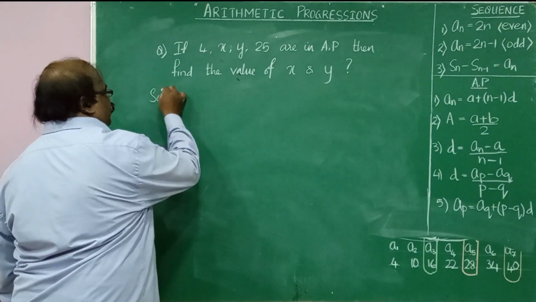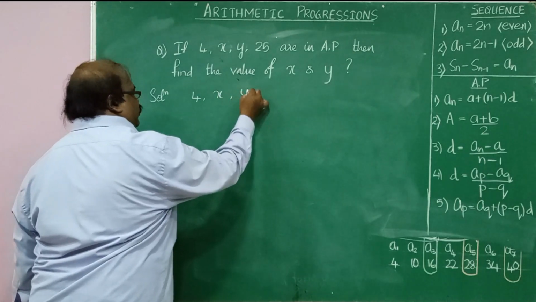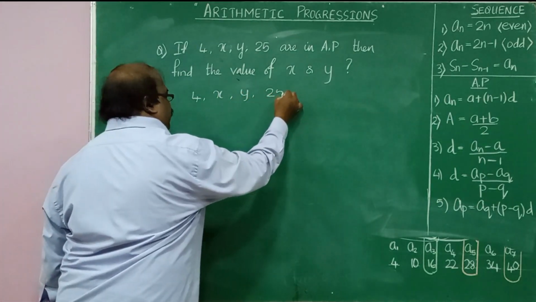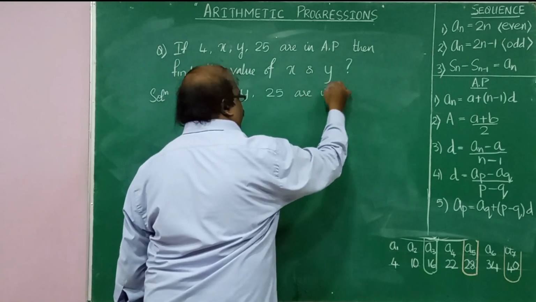What is given to you is that 4, x, y, 25 are in AP.